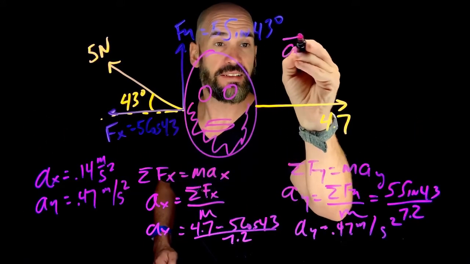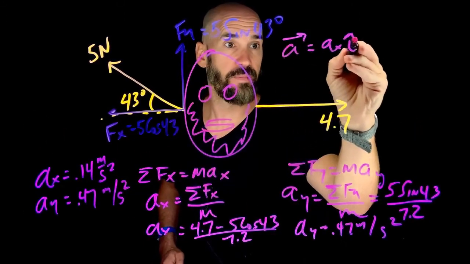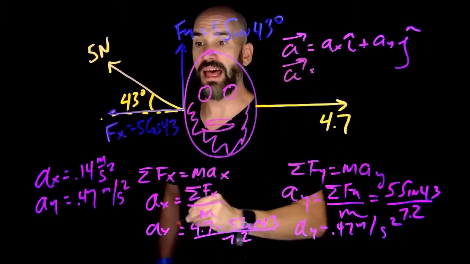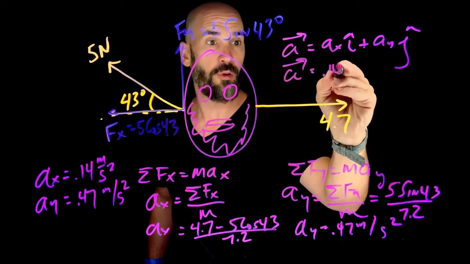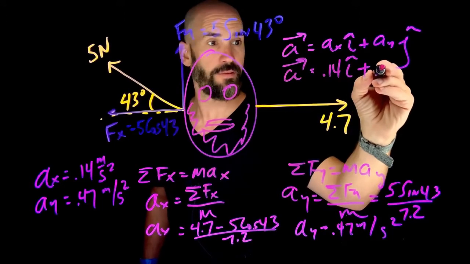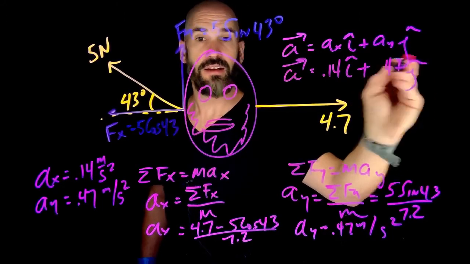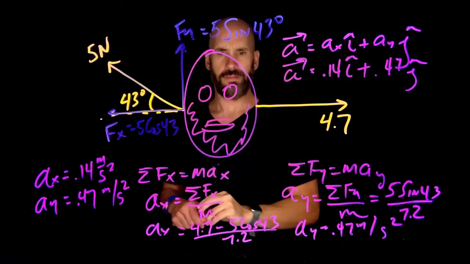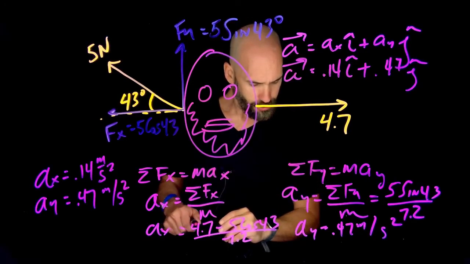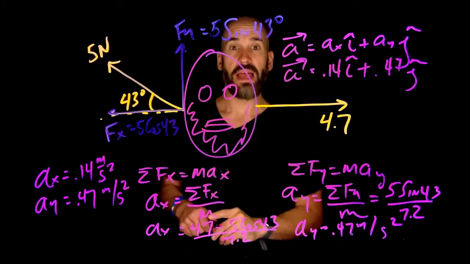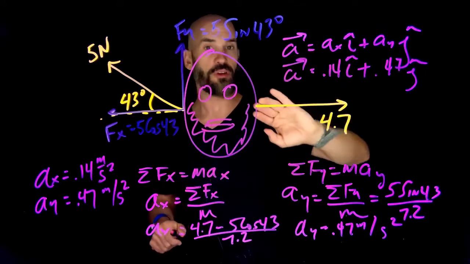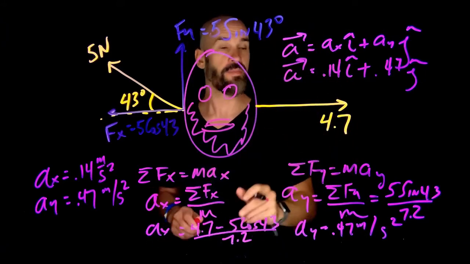My acceleration is just ax i plus ay j. So the acceleration vector of my head is just going to be 0.14i plus 0.47j. In other words, my head's going to accelerate somewhere in that direction. And we're going to find out what that direction is in a second.